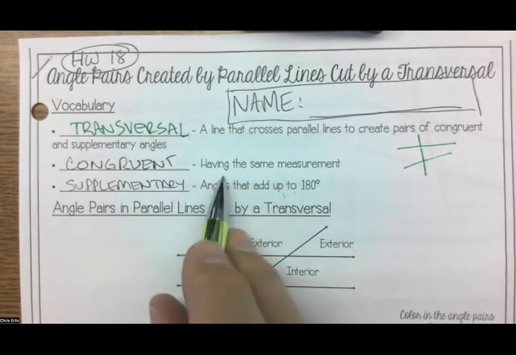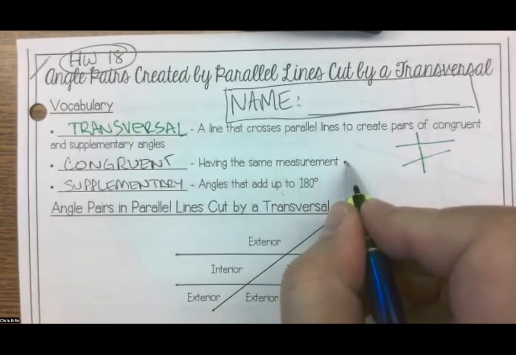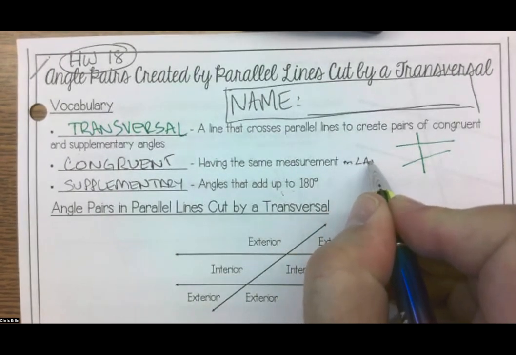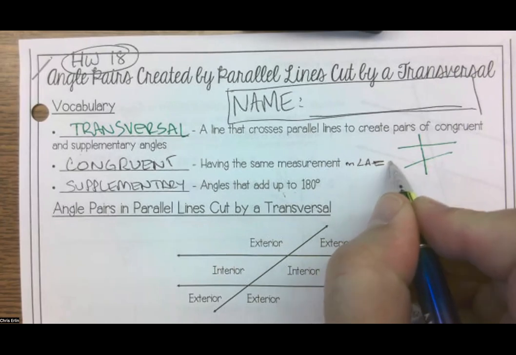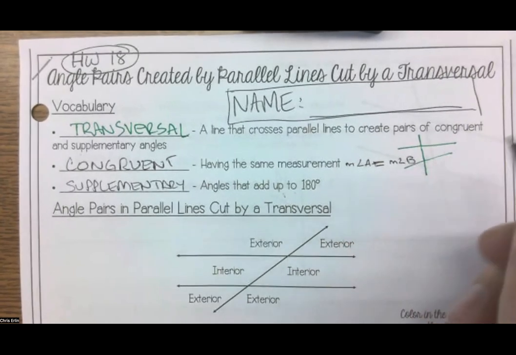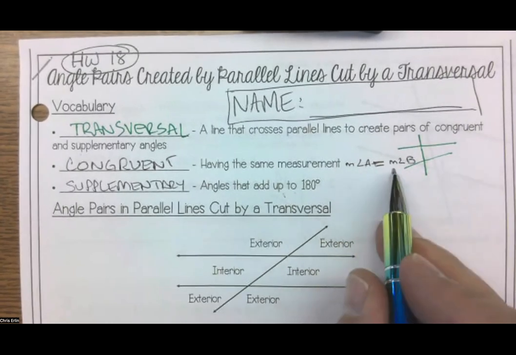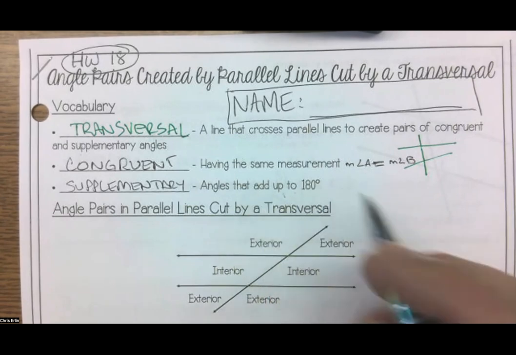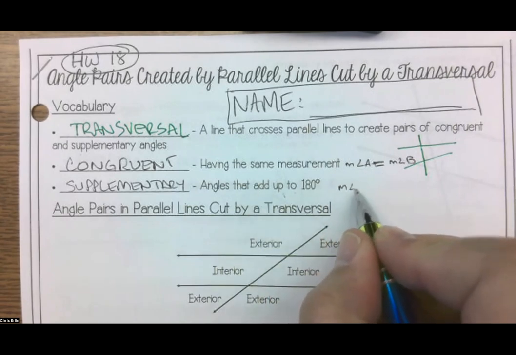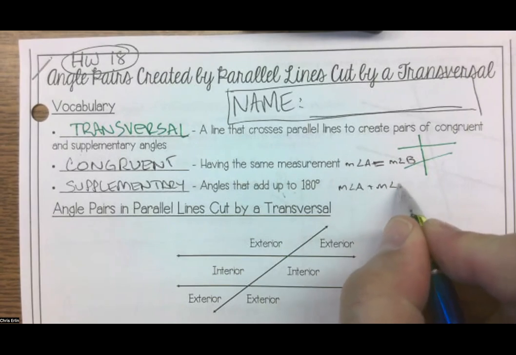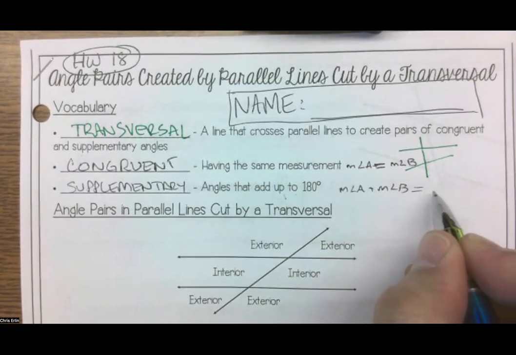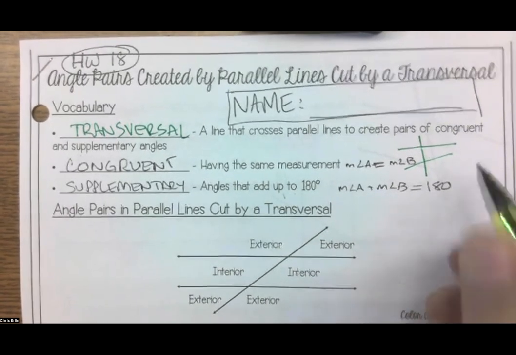And I'd like to suggest that next to the congruent one here, let's write something. Measure of angle A equals measure of angle B, because they're the same size. Whereas the supplementary one, we'd say the measure of angle A plus the measure of angle B equals how much? 180, good.